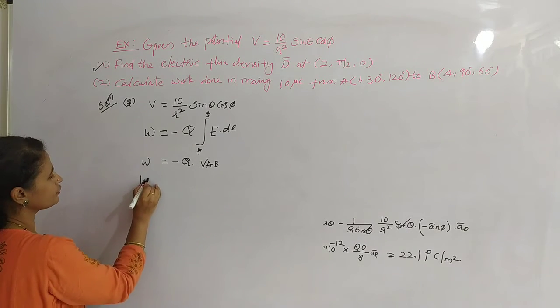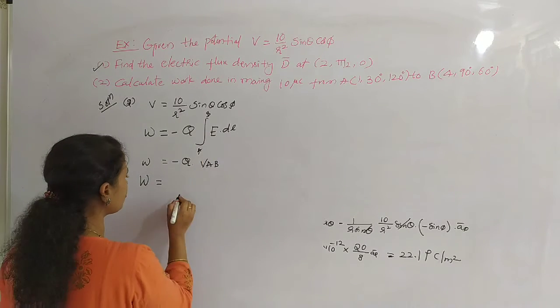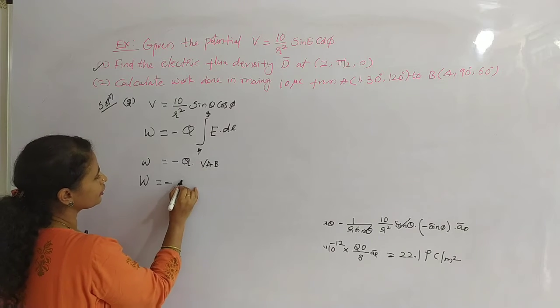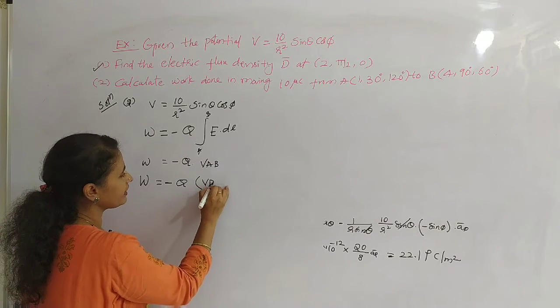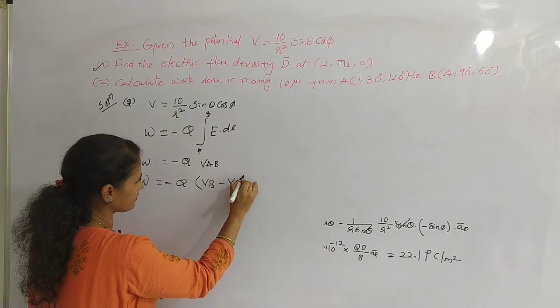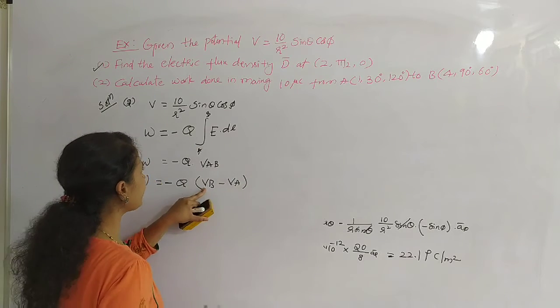So work done to move a point charge between the given two points A and B is Q into the potential difference, V_B minus V_A. V is already given.